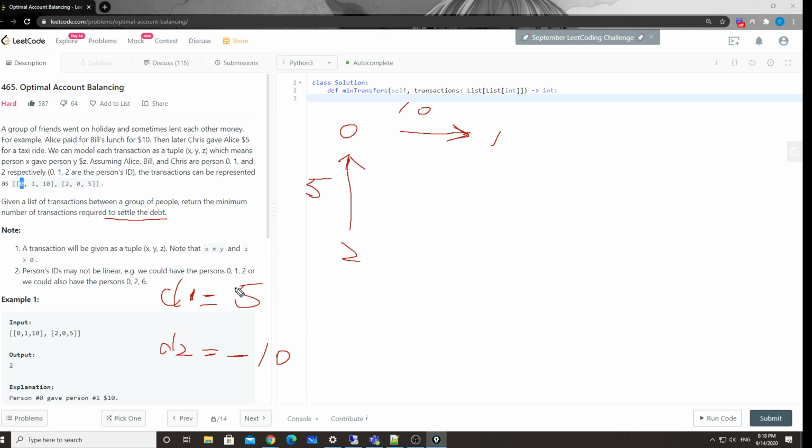What we're trying to do is always make the current person settled. Let's say the current person is D1, whose stat is 5. We always try to give this 5 to another person whose stat is negative, which means after the settlement, our current person will have 0.